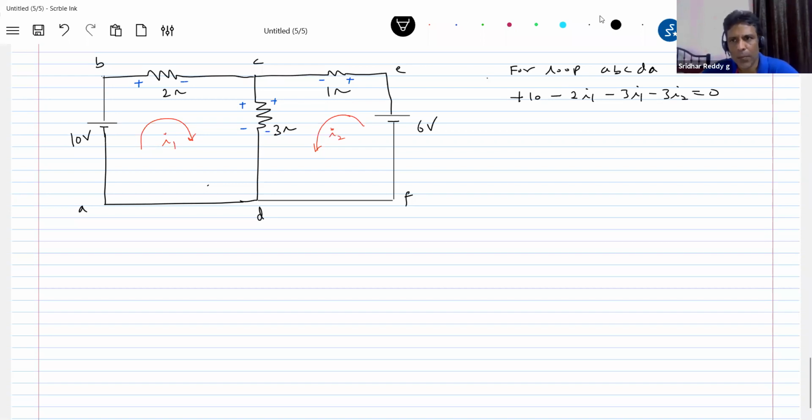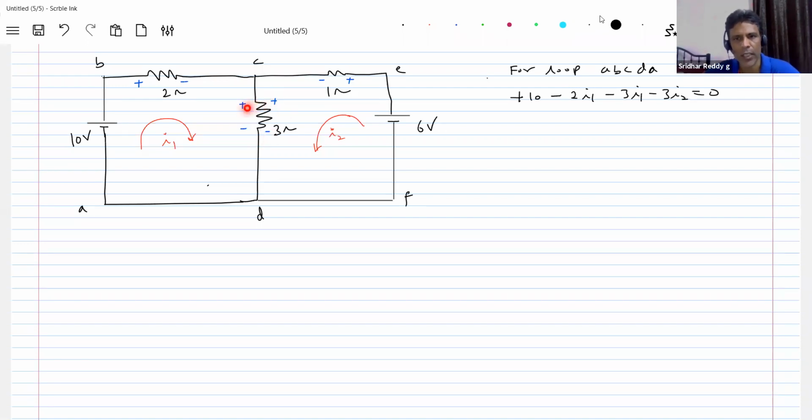Close path. So what is the path? The path I took like this. Plus 10, then minus 2I1. So what is the current? It will flow here, I1. This I1 is a loop current. Then come here. Here in this branch, both the currents will flow, current due to I1 and also current due to I2. So what is the resultant current here? I1 plus I2.